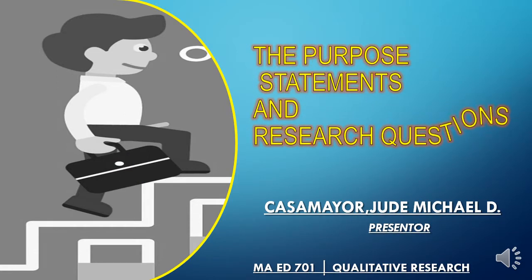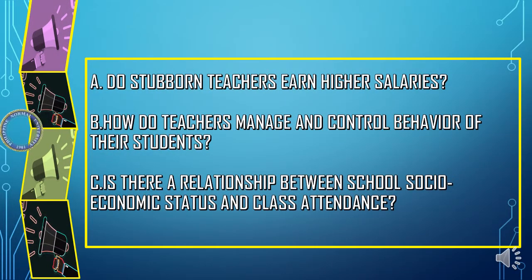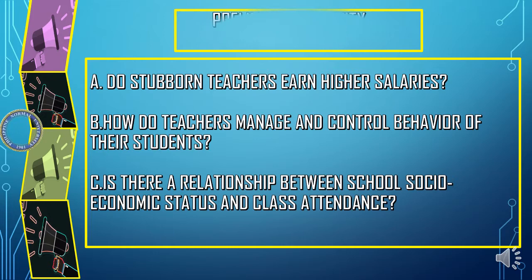Okay, so now I want you to ponder on the following examples of research questions for our preliminary activity. Letter A. Do stubborn teachers earn higher salaries? B. How do teachers manage and control behavior of their students?